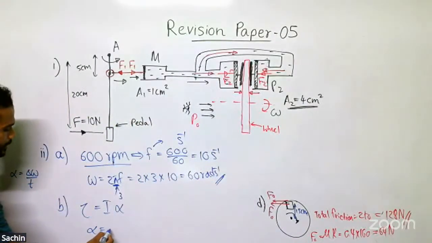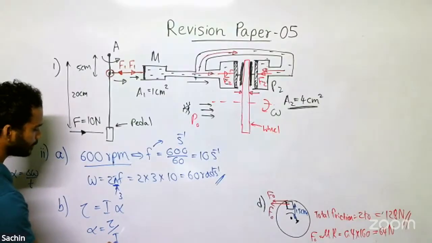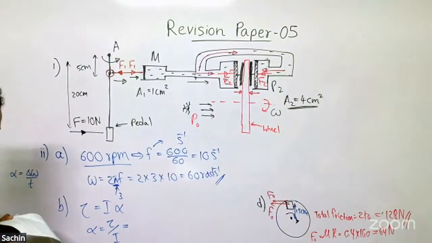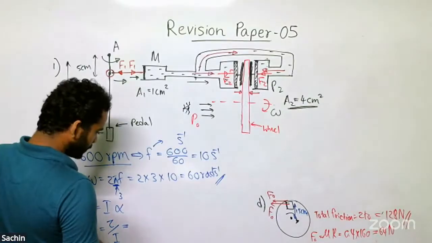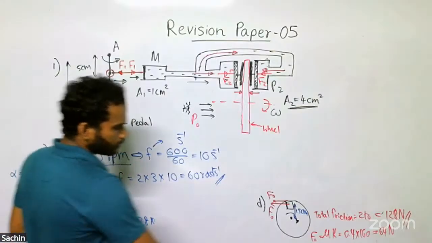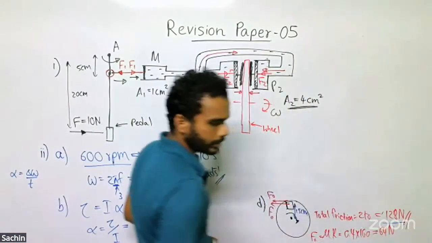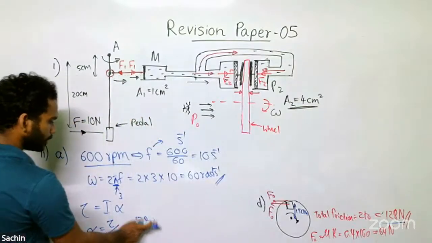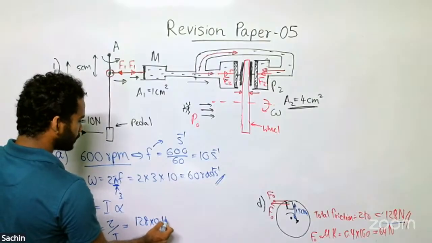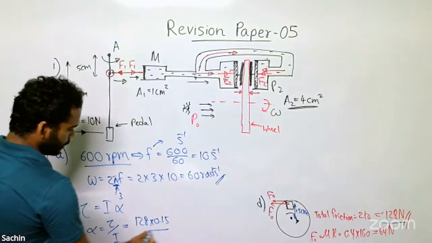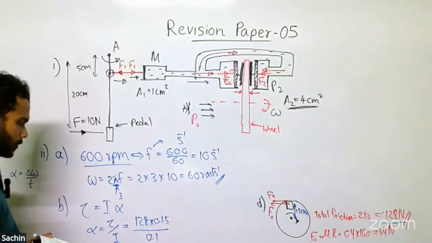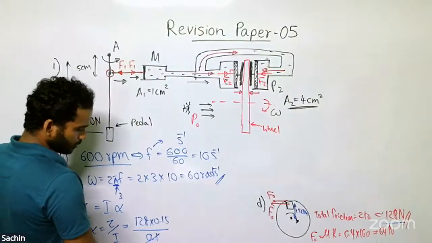So you can evaluate deceleration just by torque divided by the inertia. The value of inertia is also mentioned. So this is the formula. First find the torque. Torque is equal to force times the distance. So the total force 128 Newton times the distance to the line of action, 15 centimeter, that is 0.15 meter, divided by the inertia 0.1.